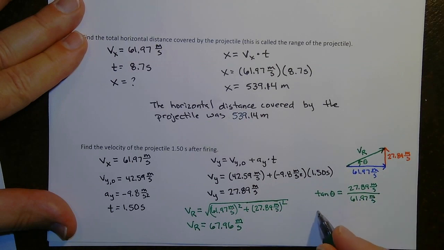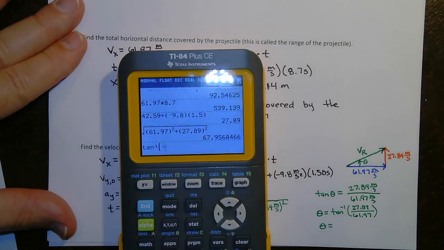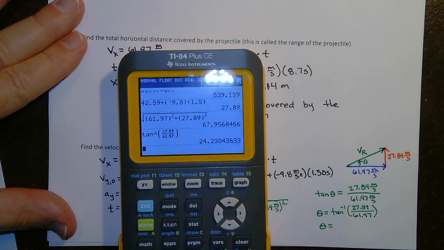All I would need to do is angle theta would equal tan inverse of 27.89 over 61.97. And so my angle theta is 24.23 degrees.